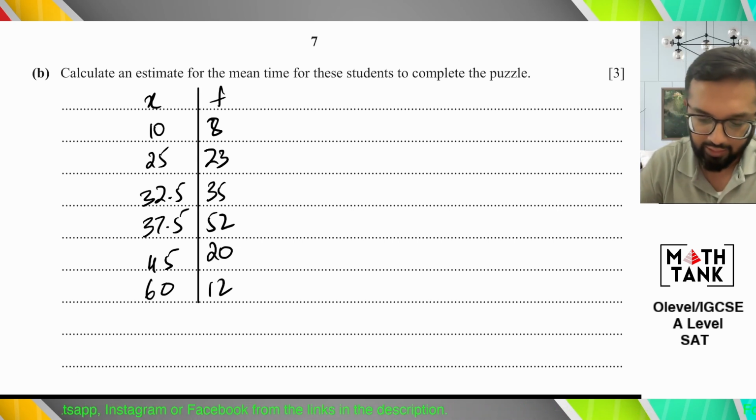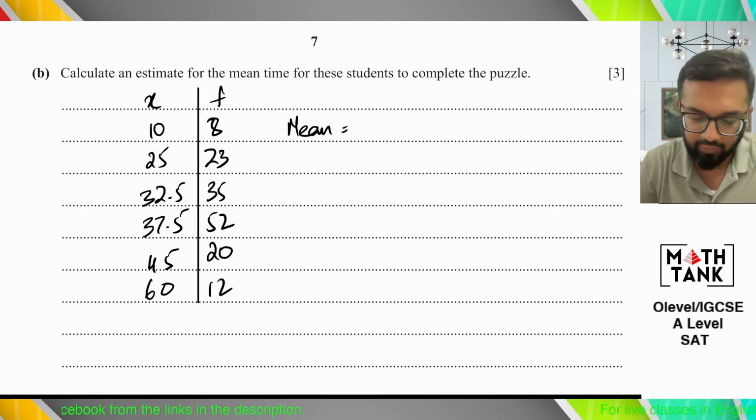Right. Then the mean is simply the sum of fx divided by the sum of f.